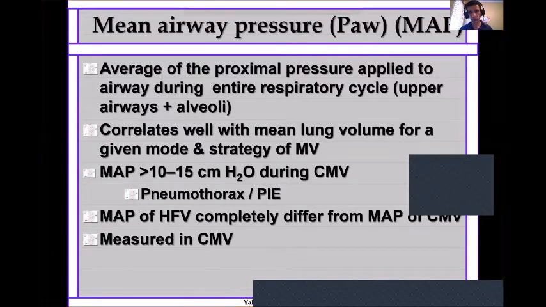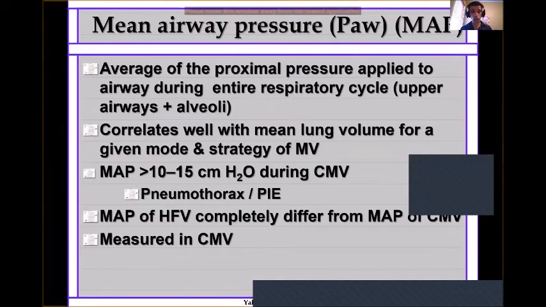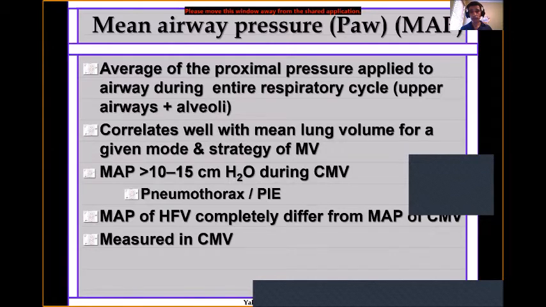So remember, mean airway pressure is not a set value, it's a measured one. It's a dependent variable on the independent factors that you set. So if you set PIP, PEEP, and rate, you get it out. Of course, patient response will contribute. So compliance and resistance will also contribute to the mean airway pressure.